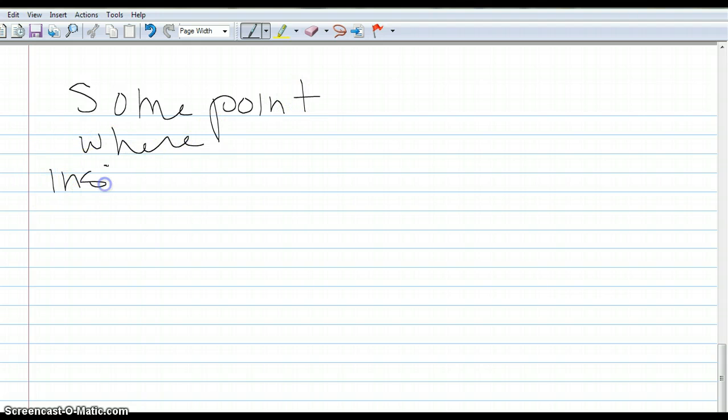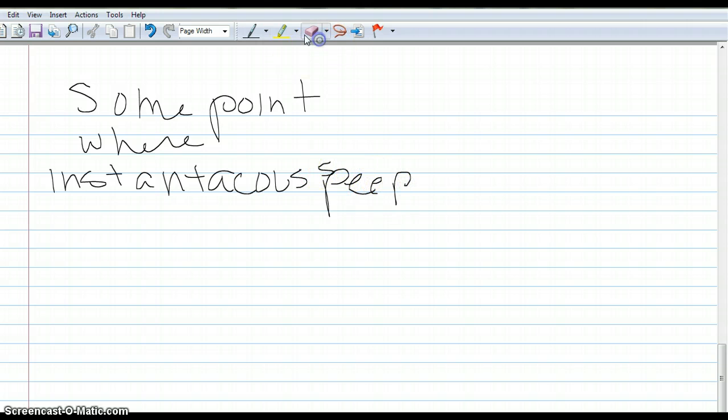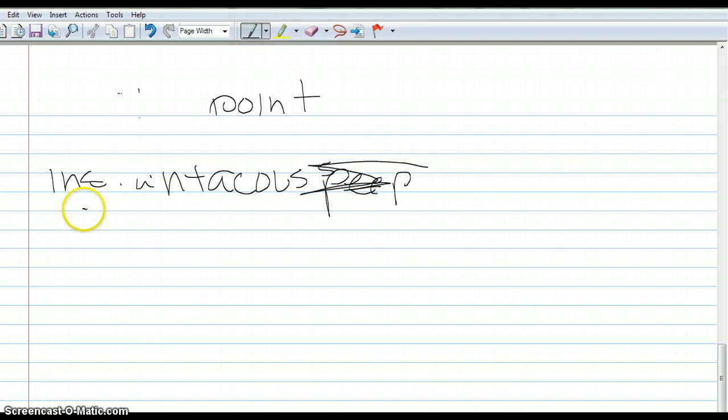Your instantaneous speed, sorry, that looks horrible. Let me just go to a new page.